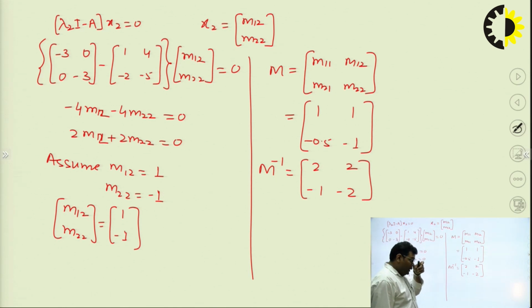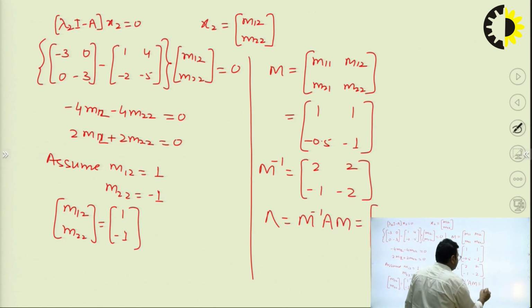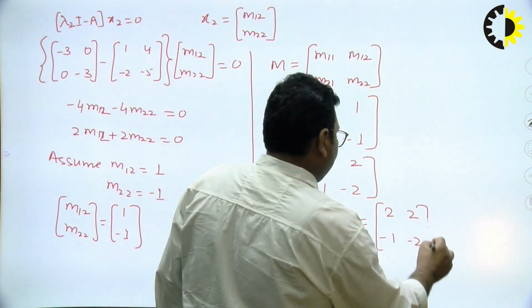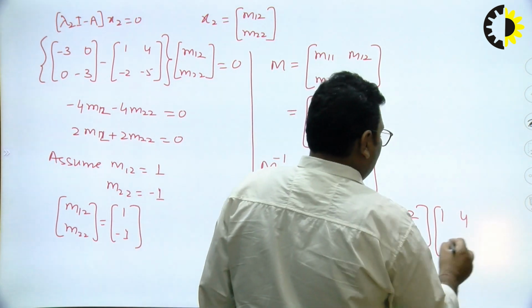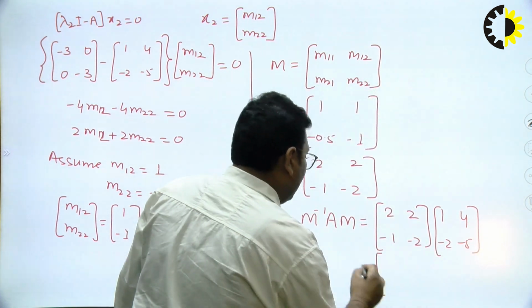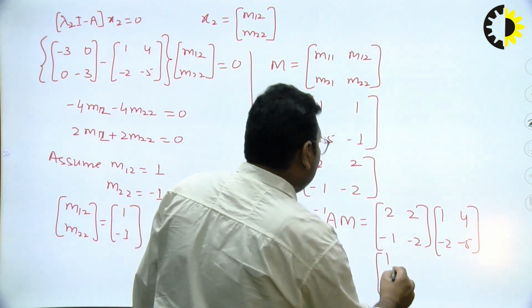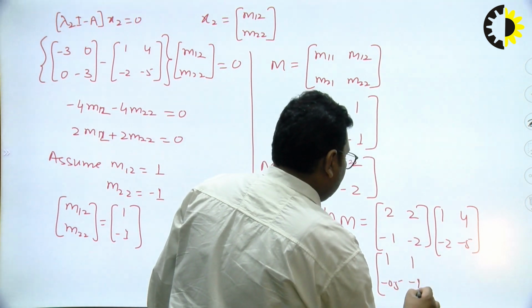Now we will calculate the capital lambda. What is capital lambda? Capital lambda can be given as M inverse A M. So I will put the value of M inverse, [2 2; minus 1 minus 2], the value of A, [1 4; minus 2 minus 5], and then multiply it by M, [1 1; minus 0.5 minus 1].